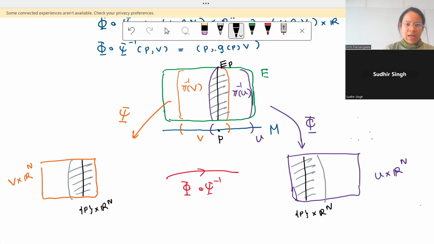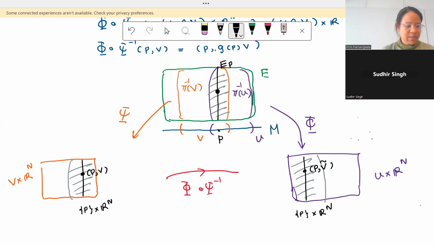Now, if you have an element on the fiber, it will be P, say v, where v is an element of R^n, but if it is mapped by this other local trivialization, it will be P and, let's say, v tilde, another element of R^n. It doesn't have to be the same.